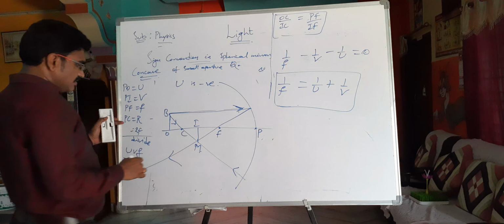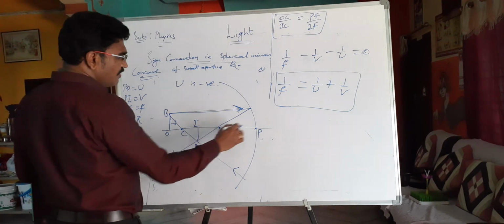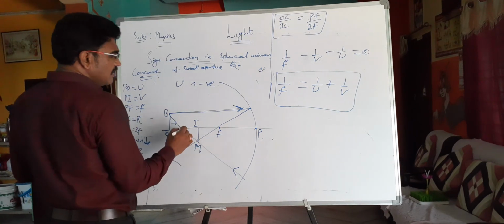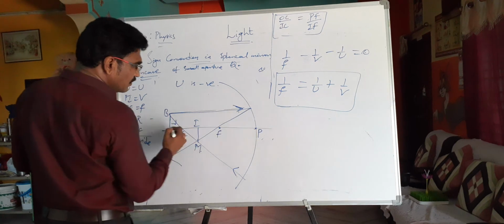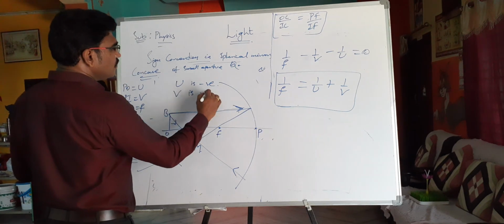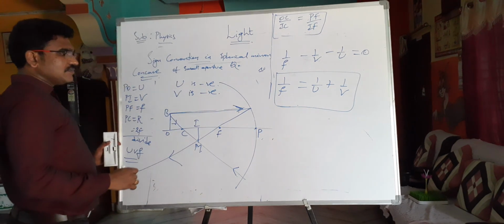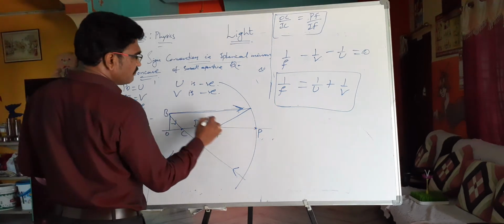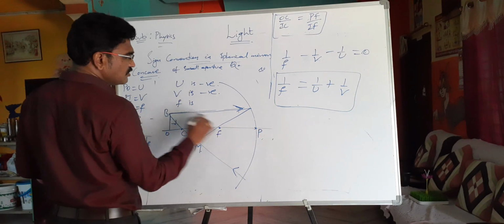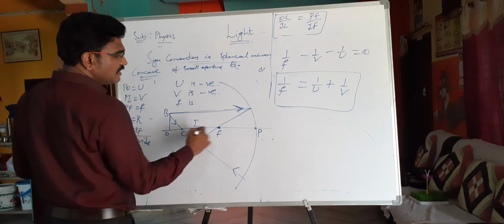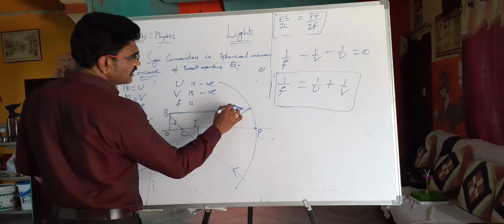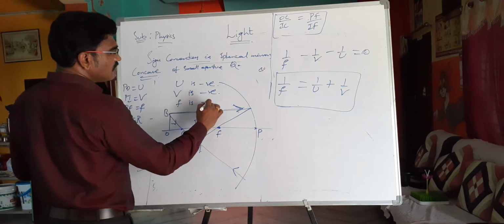What is V value? Pi. Incident rays are in this direction, but you are measuring in this direction, so V is also negative. And PF, the focal length, is positive or negative? Incident rays are in this direction, but you are measuring in this direction, so it is also negative.